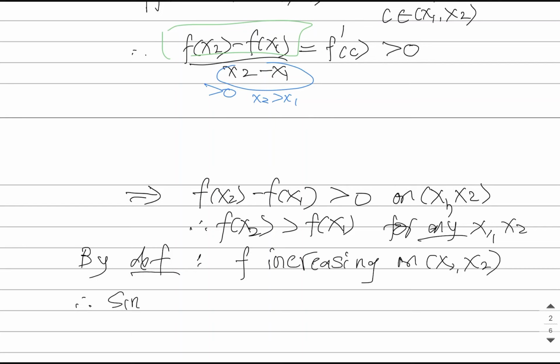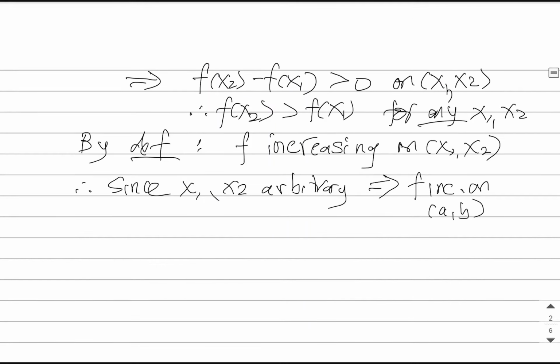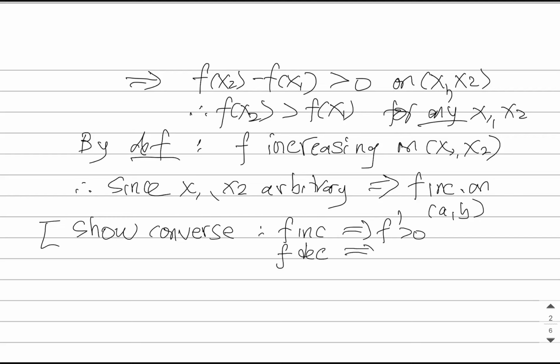So because x1 and x2 were arbitrary, this implies that f is increasing on this interval a to b. Now, I could also show the converse of this: f increasing means that f prime is positive. And I could also show that the function decreasing has a two-way relationship, that if a function is decreasing, it must have a negative derivative and vice versa.